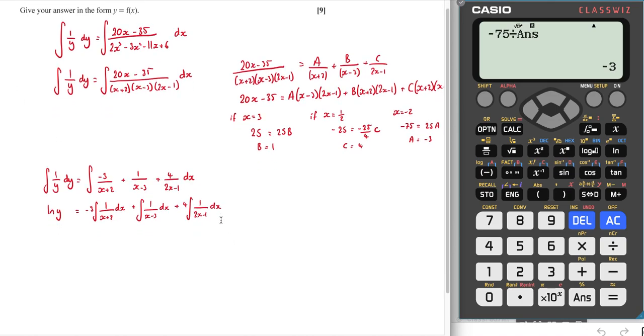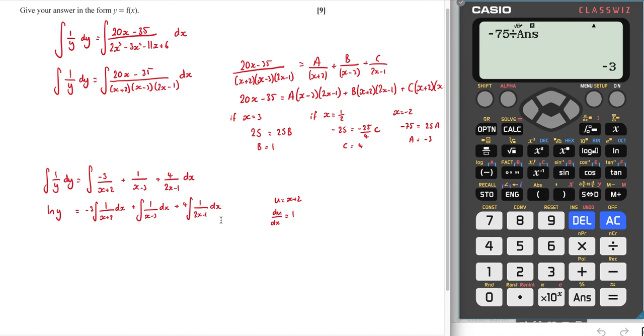So we can say something along the lines of, for the first one, if we let u equal x plus 2, you could make it x minus 3 as well, you get the same result. du by dx is 1. So you can just replace dx with du, and you have 1 over u, which you then put back.